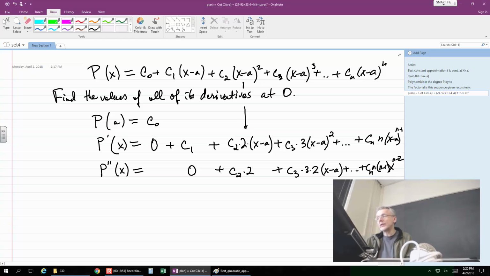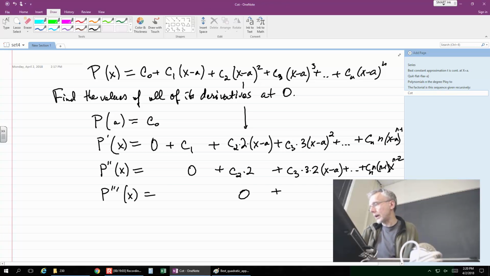We have seen already how the factorial starts to form. But this is just the beginning. Let me do one more derivative. The third derivative is 0 plus c3 times 3 times 2 plus all of these, and I have cn times n, n minus 1, n minus 2, times (x minus a) to the power n minus 3.